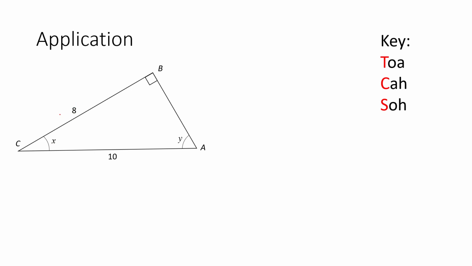So this is called the adjacent side. 10 is opposite the right angle. So this is the hypotenuse. So now we are given A and H. Which of these trigo functions have A and H? So we will be using cosine, and remember it is A over H.